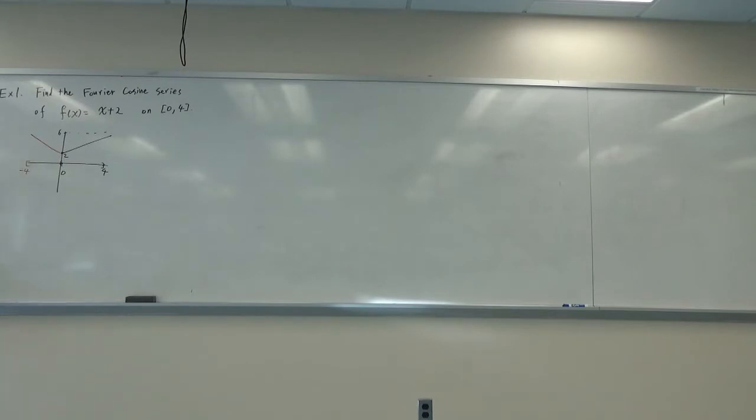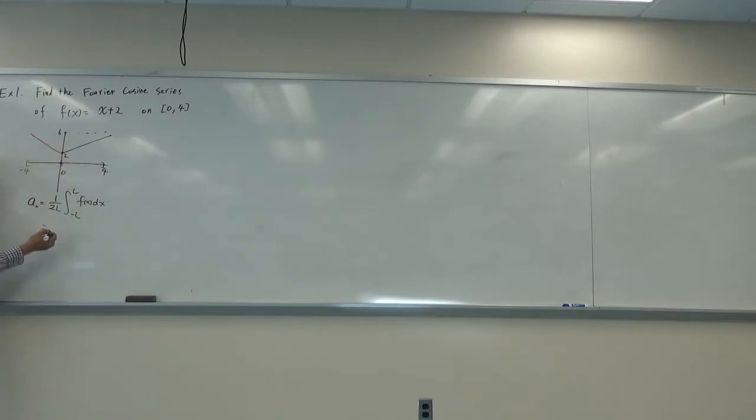And because in the Fourier series formula a0 equals 1 over 2L integral from -L to L of f of x, and since this f of x is an even function, instead of integrating from -4 to 4, you can just integrate from 0 to 4 and double that result, right?